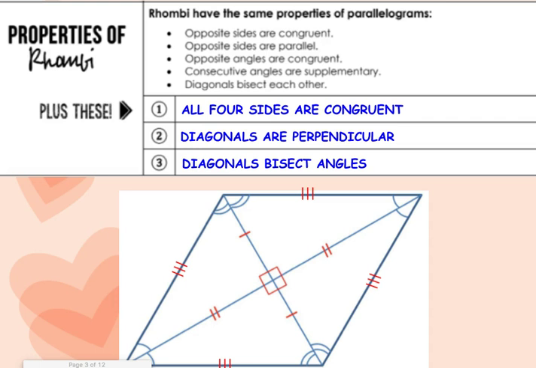So let's just look here. So all my sides are the same, so let's pretend this is 12. Then they would all be 12.